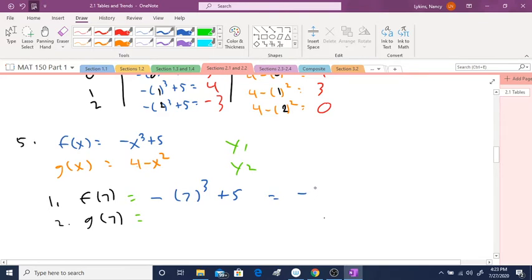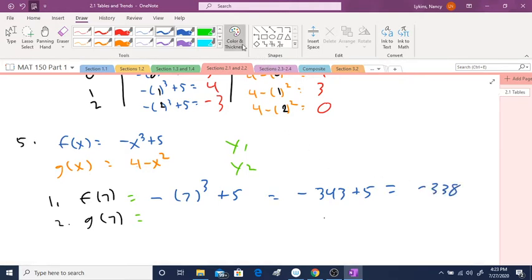So if you put this in your calculator, 7 to the third power, you should get 343. But it's going to be a negative 343 because of it being negative on the outside of the parentheses. Plus 5, so you should come up with negative 338. Okay?